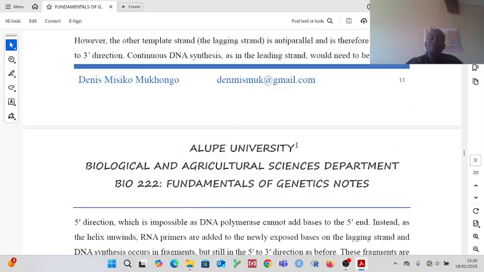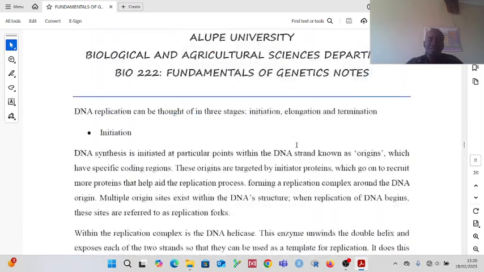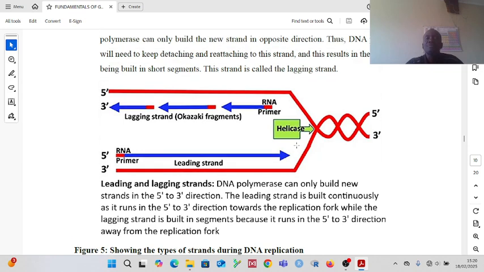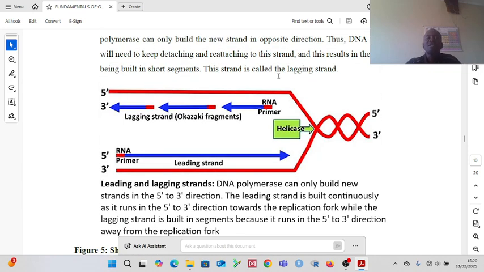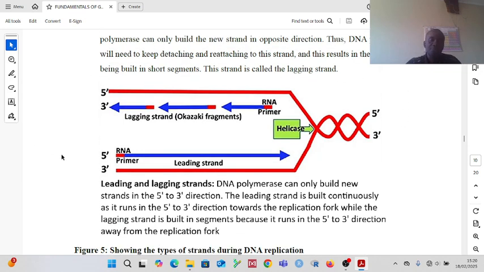So if you have, I'll take you back again, sorry for moving up and down, but if this is the DNA that we want to replicate, replication will stop when the DNA polymerase and the helicase has unwound this. So there is no more other DNA to replicate.